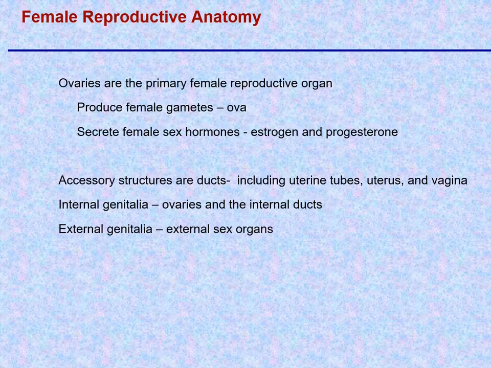In fact, the default anatomy in a developing fetus is female. Male anatomy develops because of the effect of gene expression from the Y chromosome in males and production of male hormones that the tissue can respond to because it has the right receptors.